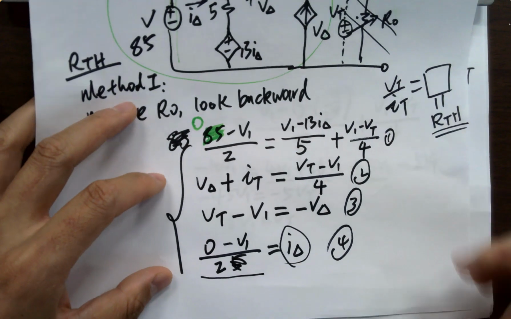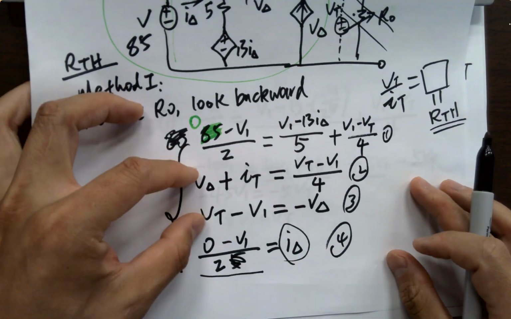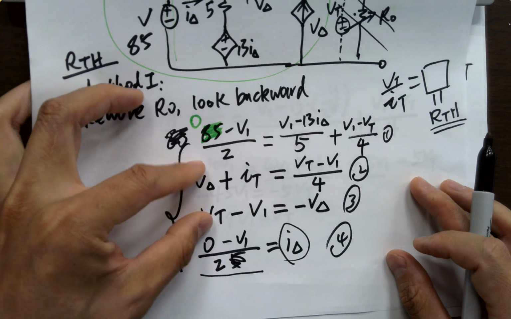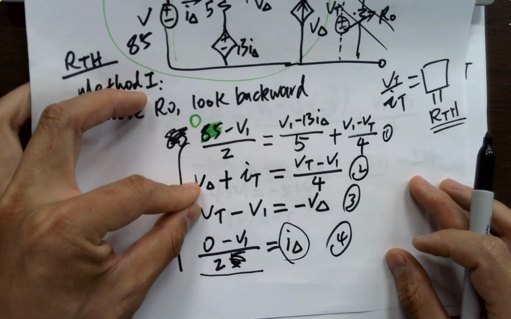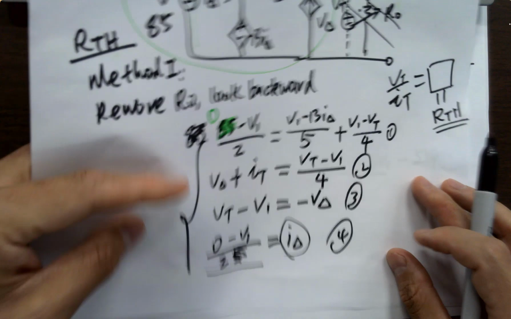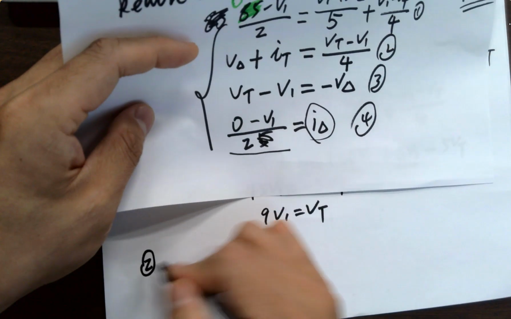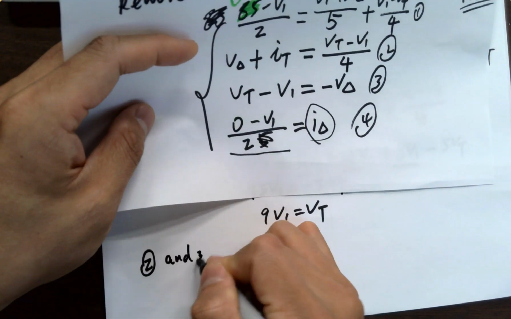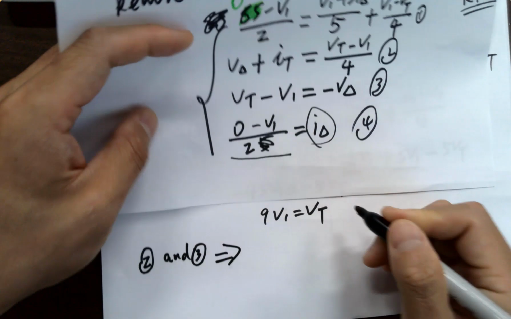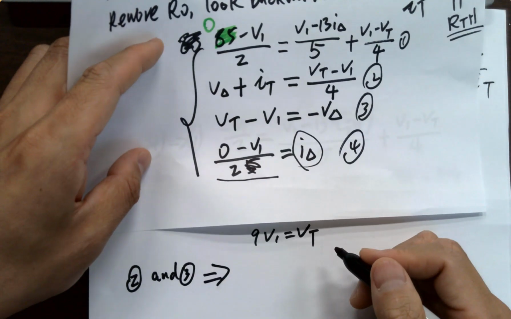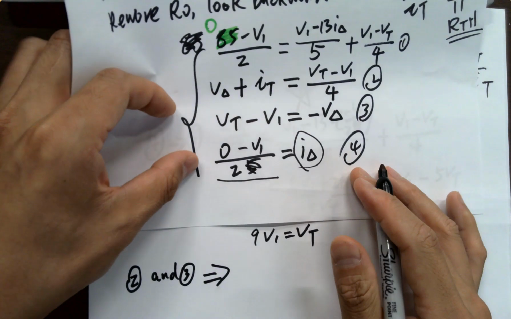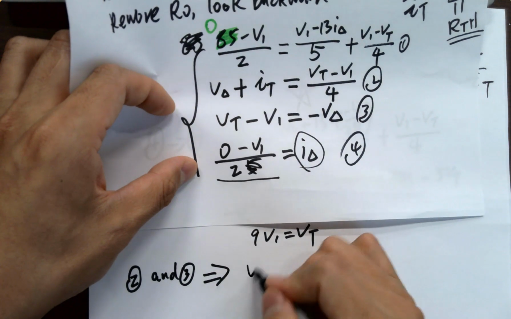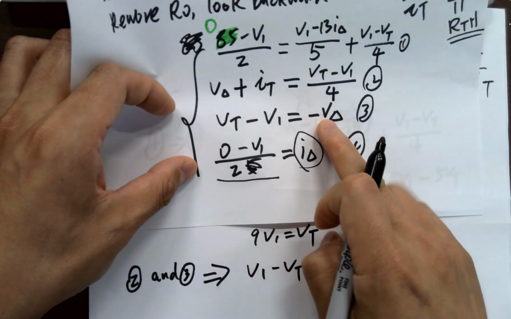Come back. Now dealing with these two guys, 2 and 3. From 2 and 3, what you can get from that: V1 minus VT, which is V delta.